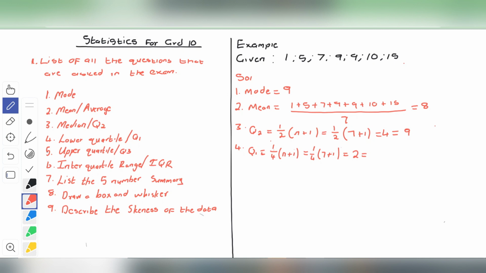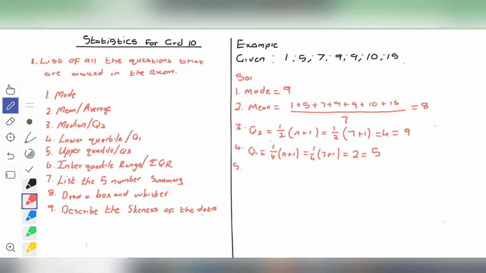So that's where we're going to get our Q1. So our Q1 is 5, right? So now we come to the lower quartile range. Okay, the upper quartile range. Remember Q1 is represented by the lower quartile. So the examiner can say determine Q1 or determine the lower quartile, right?